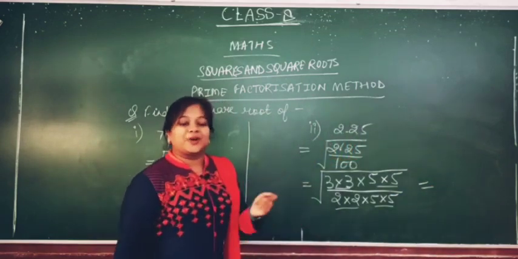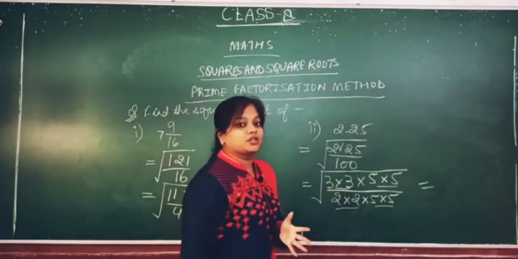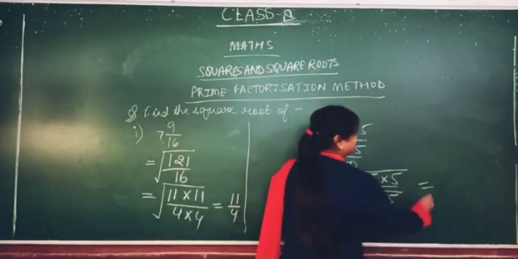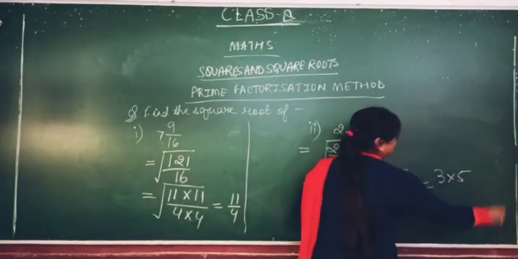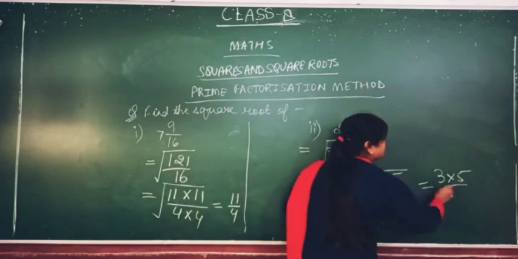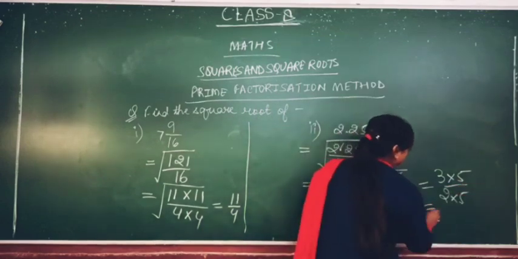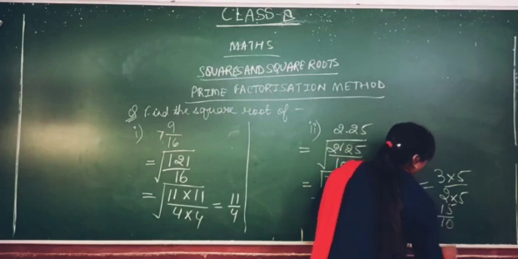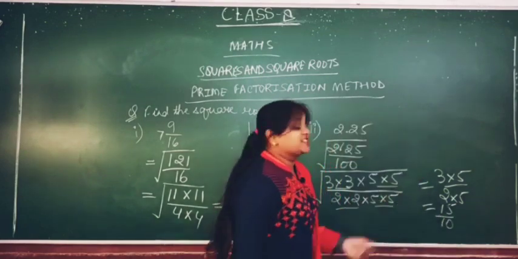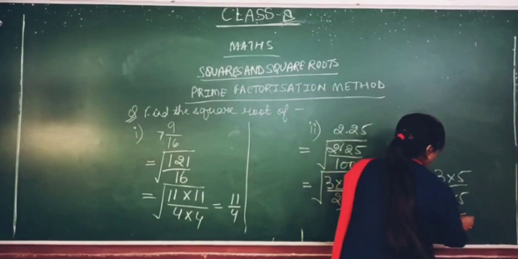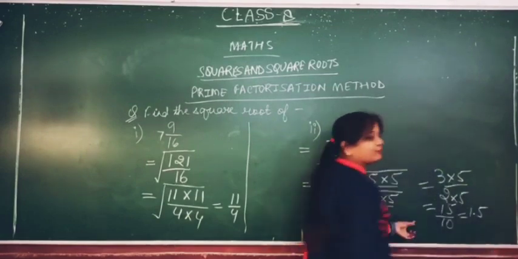When we'll take out one similar factor from each pair, we'll get 3 into 5 upon 2 into 5, and that is 15 upon 10, and we can change it in decimal number. We'll get the answer 1.5.